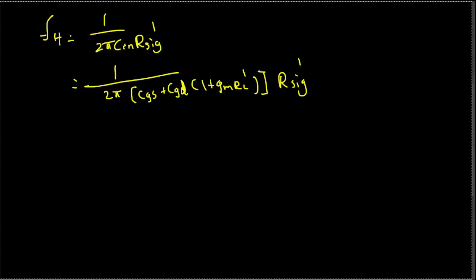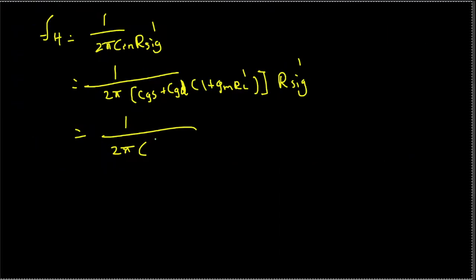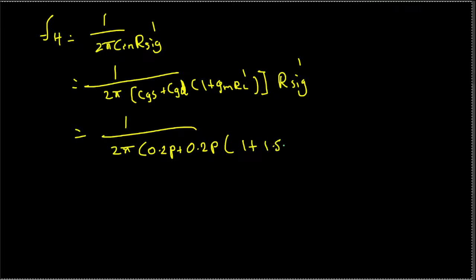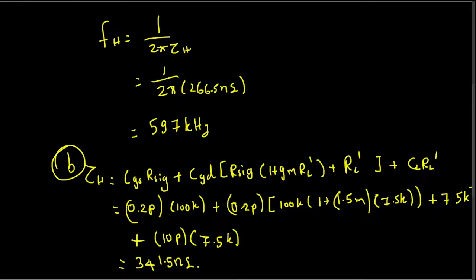Okay, so here plug in the values: 1 over 2π, CGS value is nothing but 0.2 picofarad. CGD also same, 0.2 pico. 1 plus gm RL, which is gm is 1.5 milli, and RL prime we calculated right here, that is 7.5K.